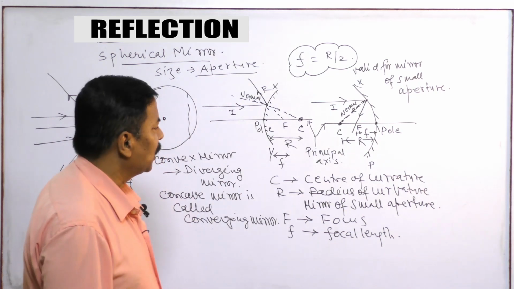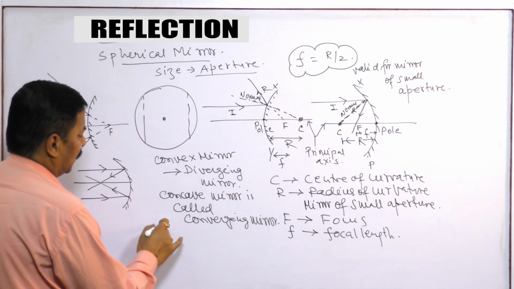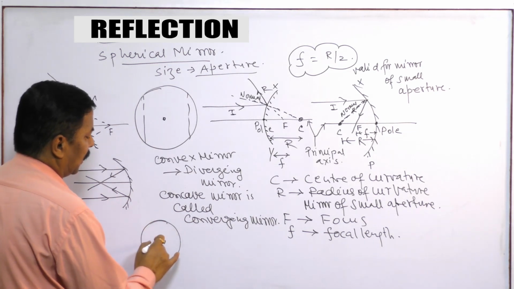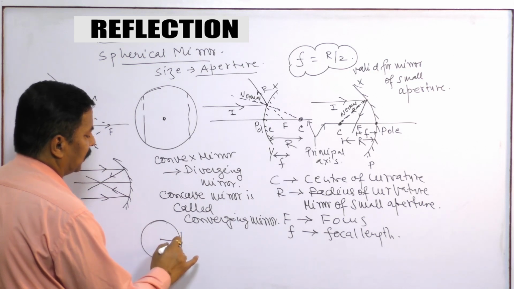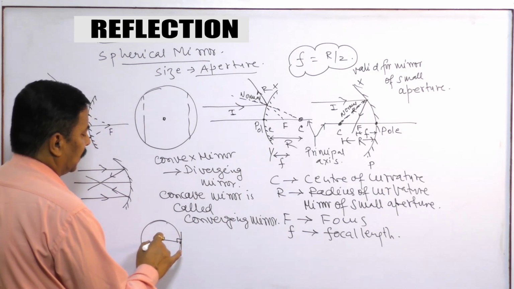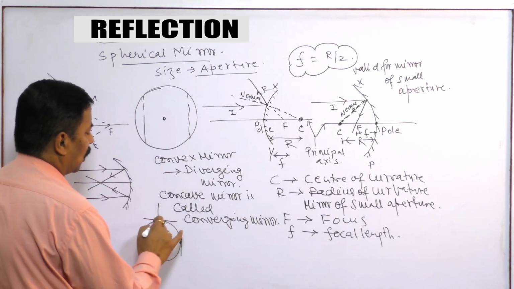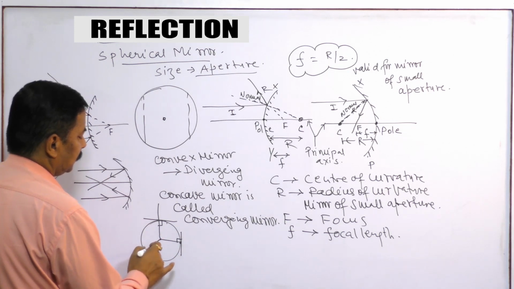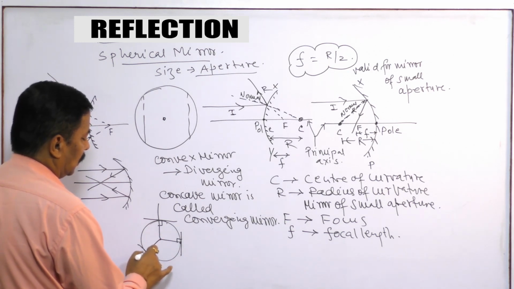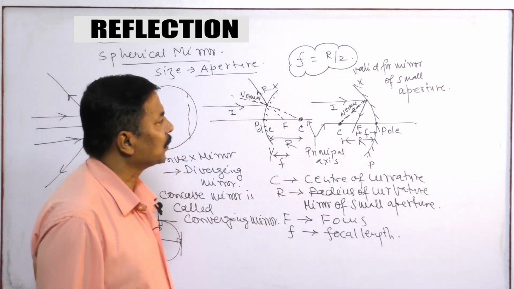Because in your junior classes, in class 10th, you have read that any line passing through the center is normal to this point, the tangent, this is 90 degrees. So the line passing through the center behaves as normal.